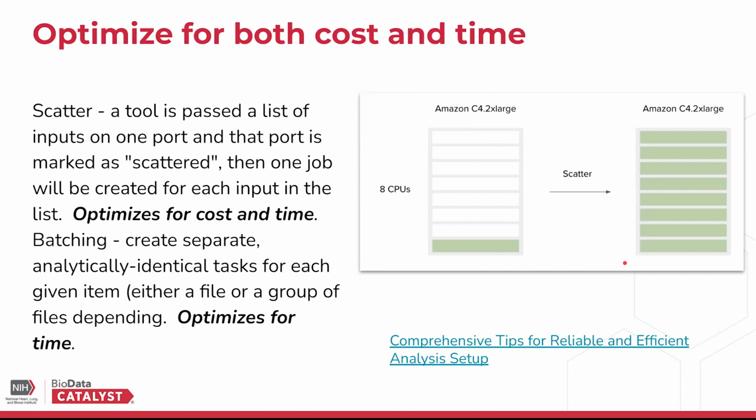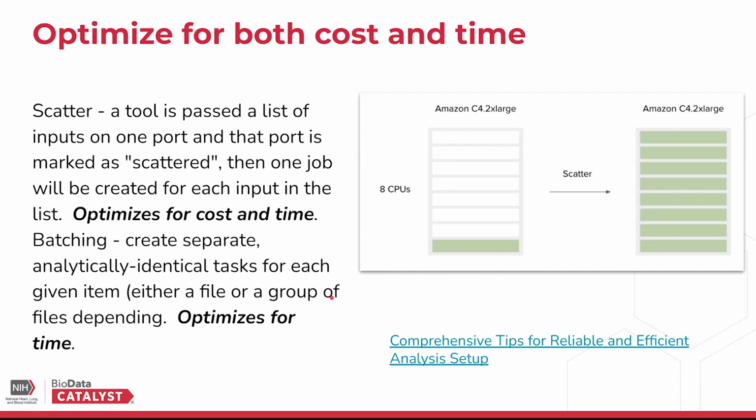And you could go in and look at your task logs to see what percentage of all the CPUs I was actually using. Should I use a lower powered machine, or should I just try to use a technique like scattering to use more of the CPUs at any given time? There's a manual on our GitBook on BioData Catalyst called Comprehensive Tips for Reliable and Efficient Analysis Setup, which goes into more detail about this.